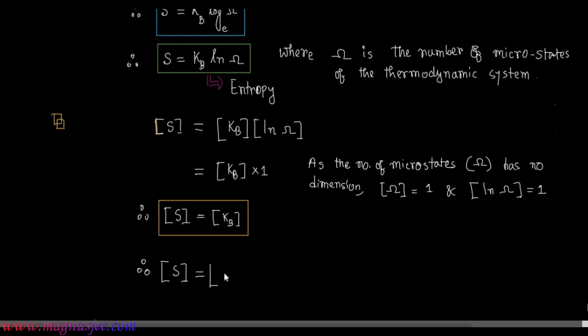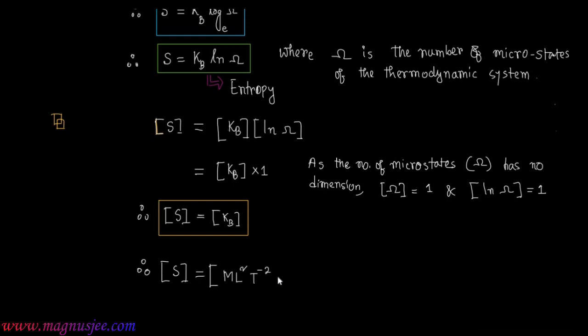As the dimension of Boltzmann constant kB is ML^2T^-2K^-1, the dimension of entropy S will be ML^2T^-2K^-1.